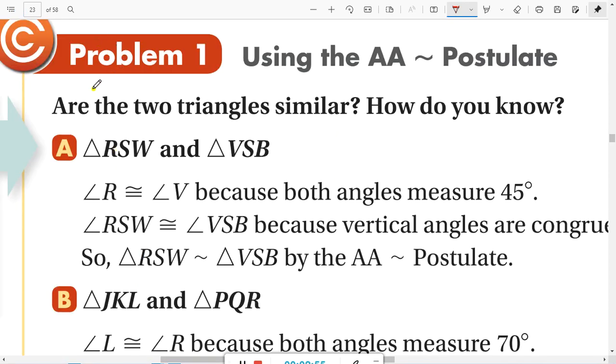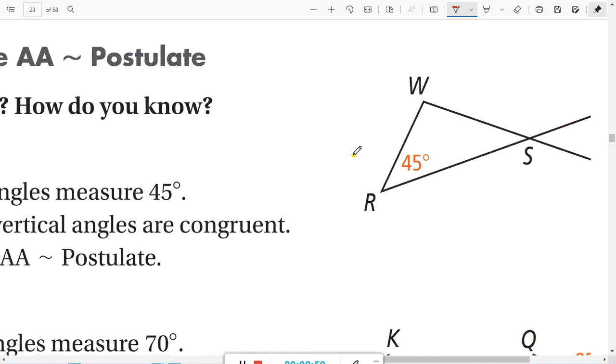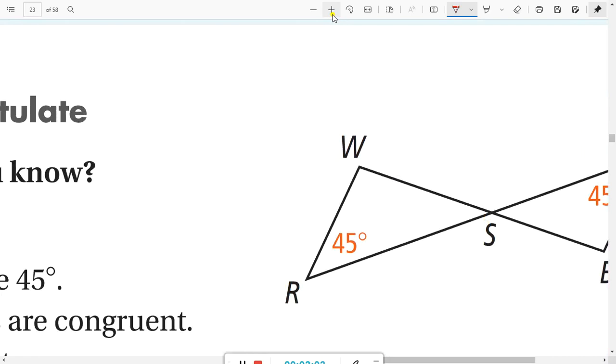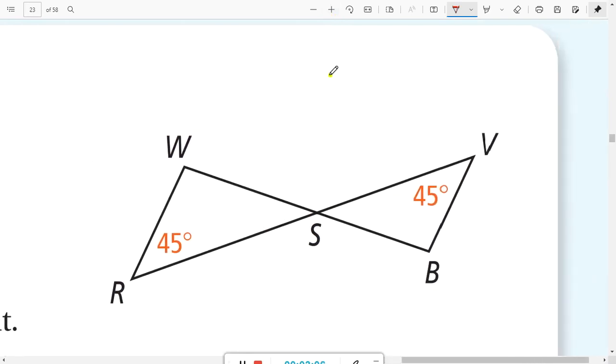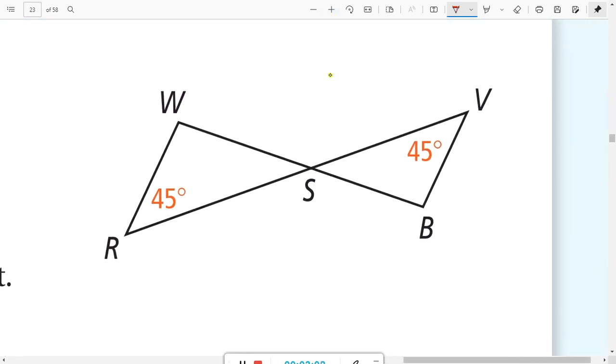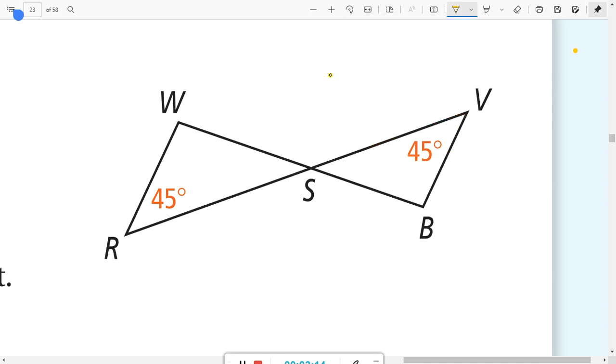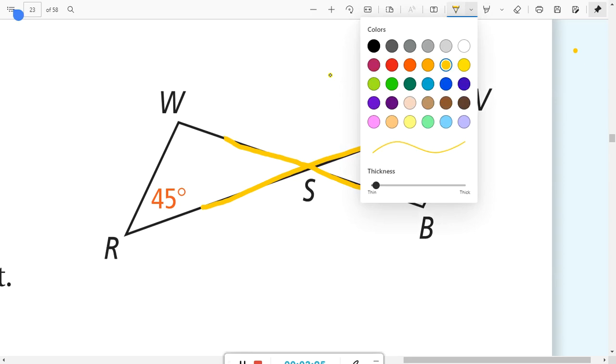Okay, problem 1. Are the two triangles similar? How do you know? Let's check out the diagram. Okay, now recall from geometry, when you have this X shape with two straight lines, those are called vertical angles.